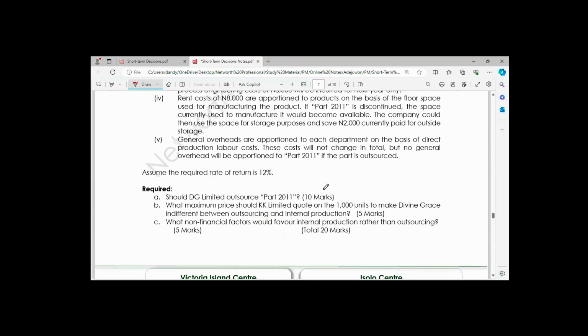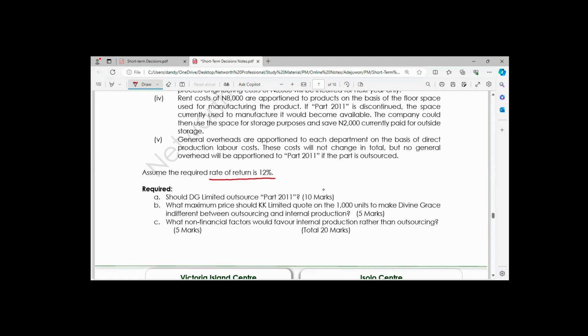So in the A part, the examiner is asking, should DG Limited outsource Part 2011? This tells us that this question relates to a make or buy decision. But what makes this question unique relative to what we have done previously is the fact that the examiner has given us a rate of return of 12%.